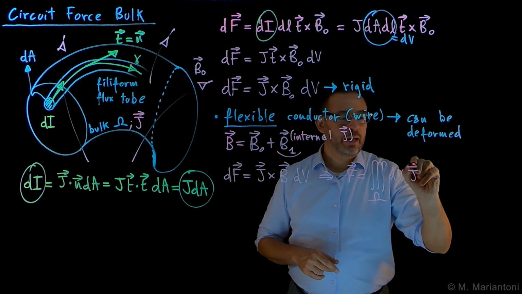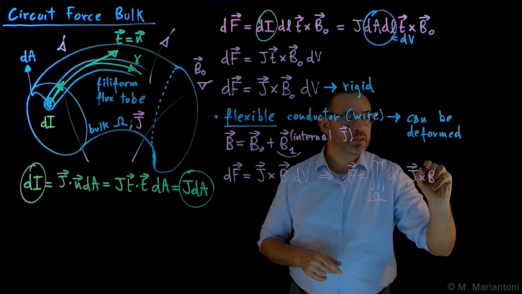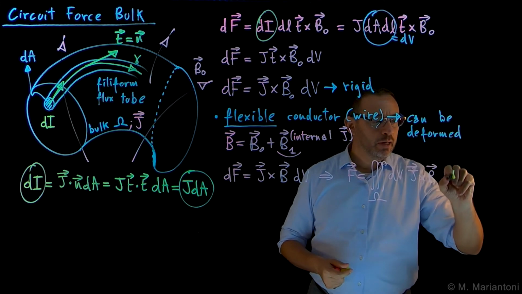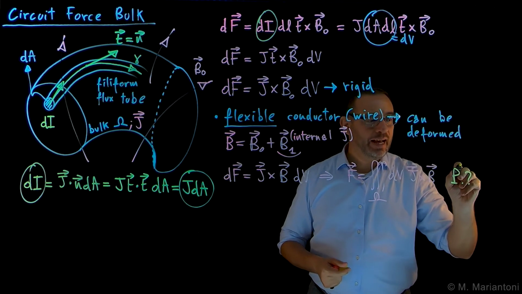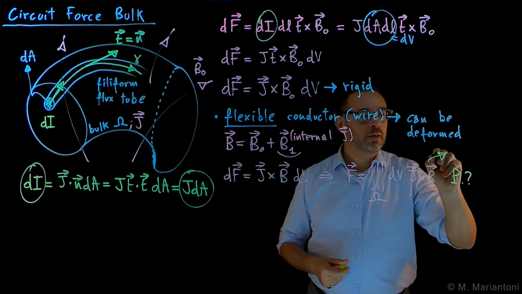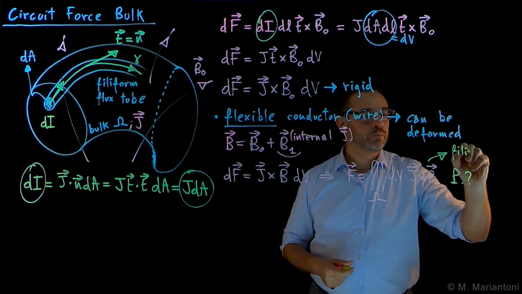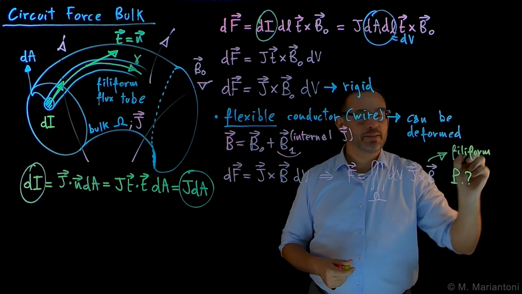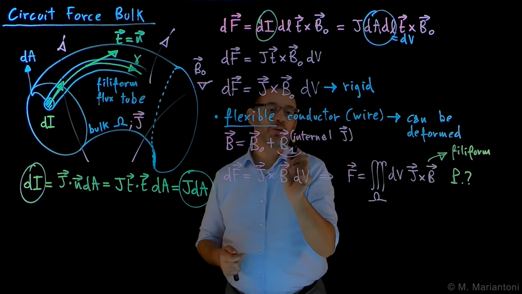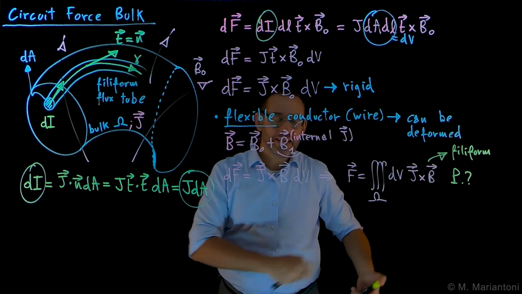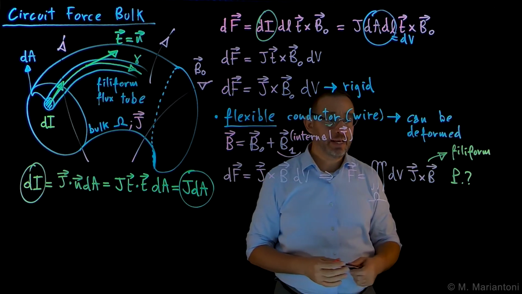And of course, if you want, you can try to rederive from this equation the previous one for a filiform wire, which again is a subcase. You can do this on Piazza. And if you do rigid, of course, you need to forget about the presence of B1. So what we've done in the previous video is a subcase of the case we are looking at here.